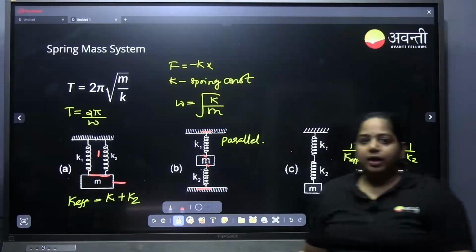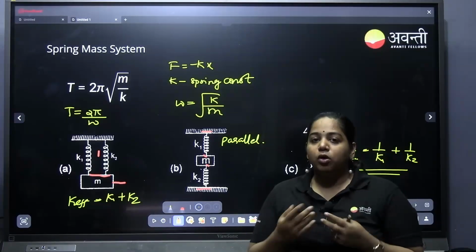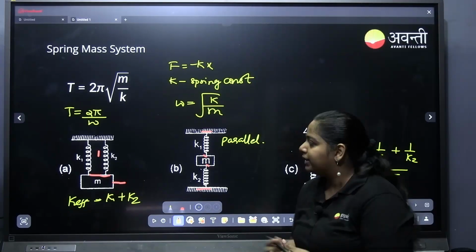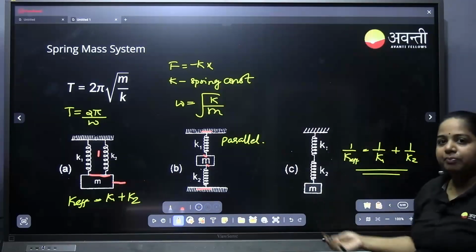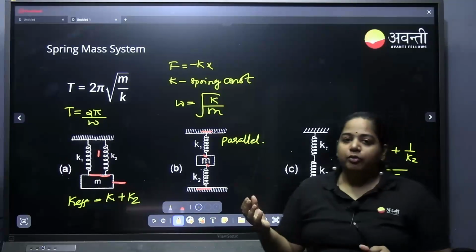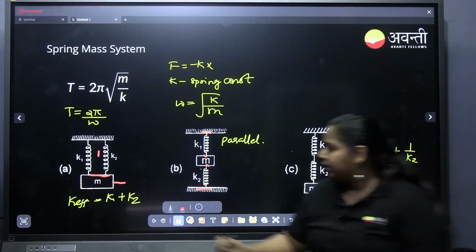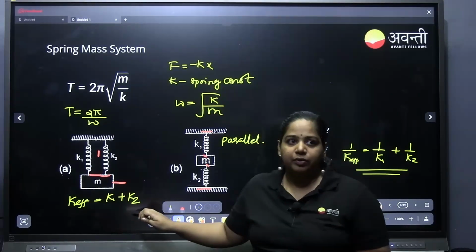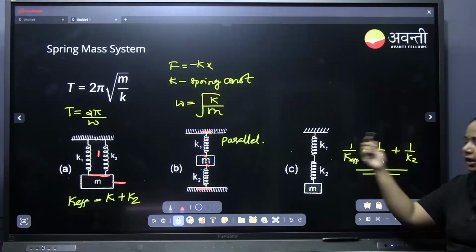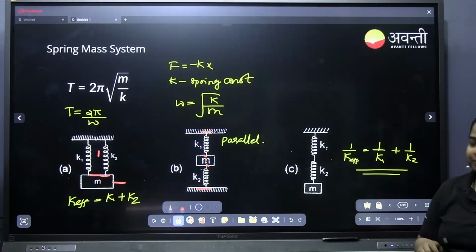Now normally it is fine, one spring one mass, but you will get combinations of springs, meaning parallel or series combinations. Here you have to remember spring combination is the same as capacitor combination. Effective spring constant will be k1 plus k2 here, and in this case 1 by k effective equal to 1 by k1 plus 1 by k2 in series.